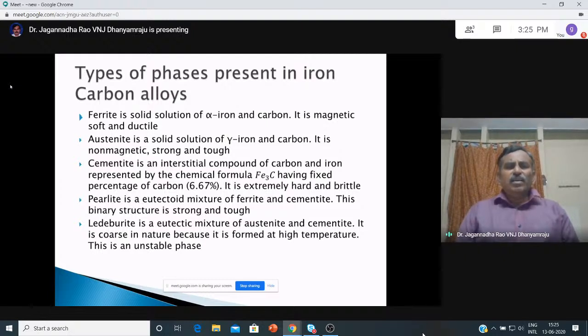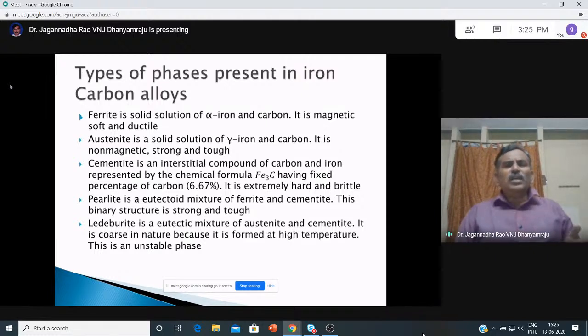Whereas when you go for a solid solution, solid solutions have a range of composition. Whether it be an interstitial solid solution or a substitutional solid solution, you have a small range of composition.